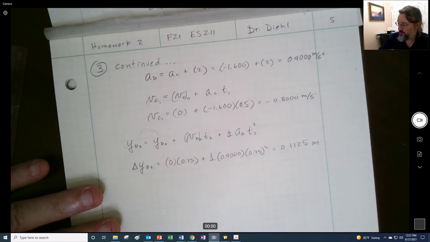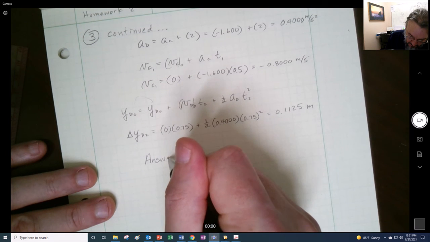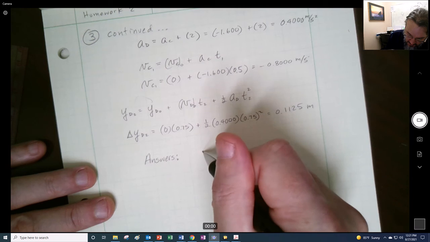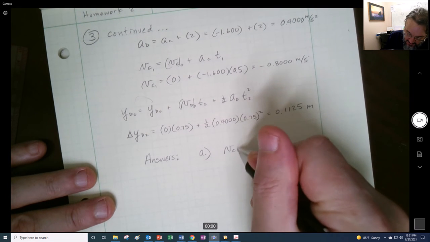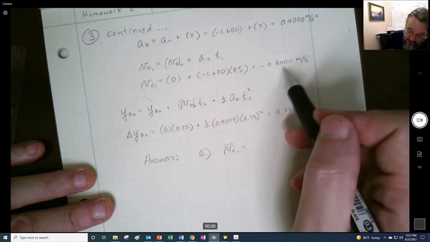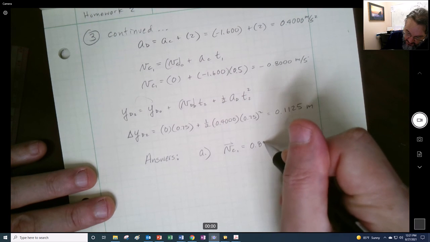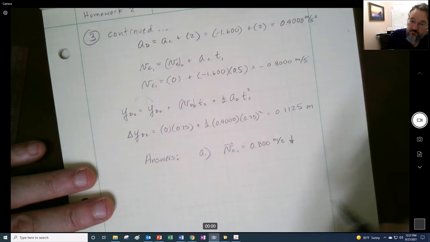Let's see this over here. All right, so we get the answers. A is velocity of c1 equal to 0.800 meters per second downwards.